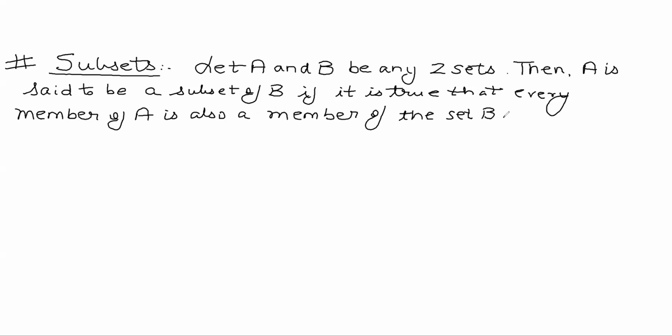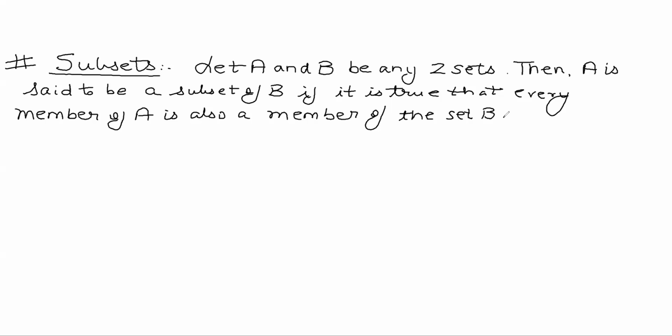So I say that A is a subset of B if every element of A is also an element of B, but not necessarily vice versa. When I say A is a subset of B, it does not mean that A is equal to B. Remember, A will be equal to B if all elements of A are equal to elements of B, and vice versa also.